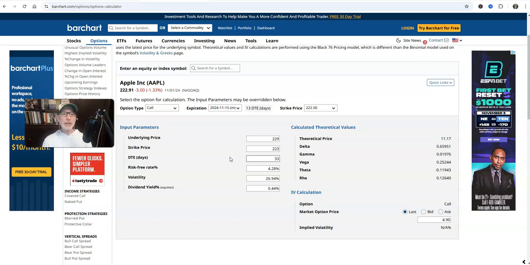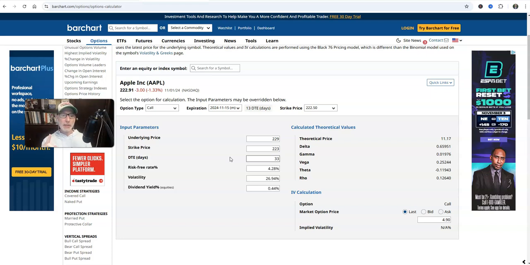Now, some of you may know this already, let's just say you bought a contract for $2 per contract, and you bought 2 of them. Okay, so now your full cost is $400 that you've paid out. Now, if the option price goes up because the stock goes up, you can sell one of those. Let's just say it goes up to $4 per contract now. You sell one of those contracts, you've recouped your whole investment, and now you're playing with the house's money.